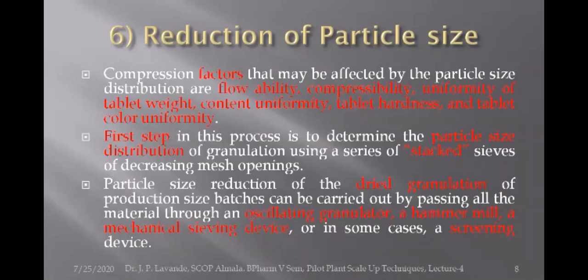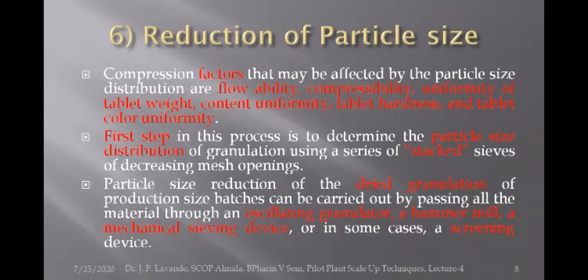Every time this may not be applicable, it is not just a thumb rule, but most of the time it works. Compression factors that may be affected by the particle size distribution are flowability. If we reduce the particle size, the flow properties will get affected, and that is the reason that in order to get good flow, we are producing the granules.